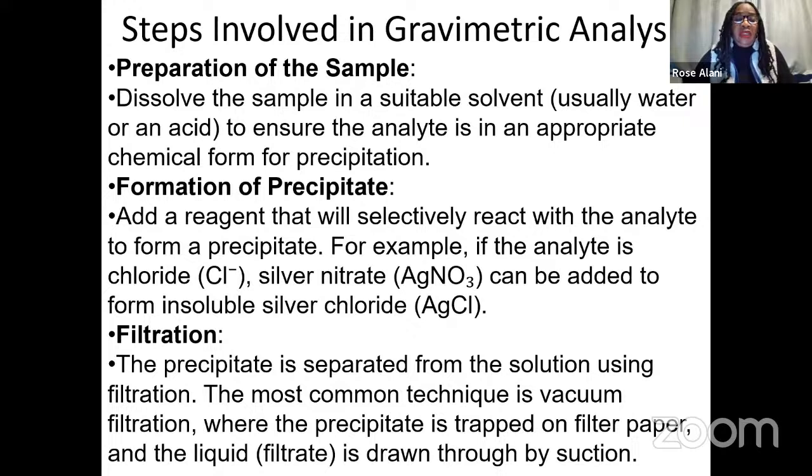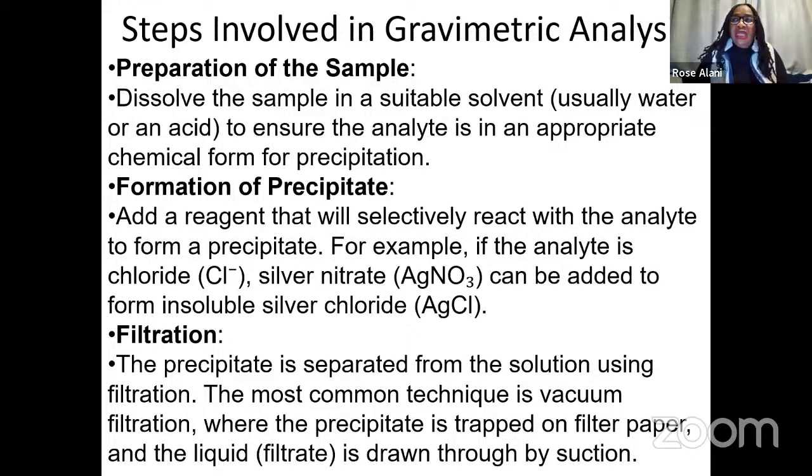And so the next step is the filtration. We have to filter out the precipitate from the solution. The precipitate is formed, but it's still inside that solution, and so we have to filter it out.